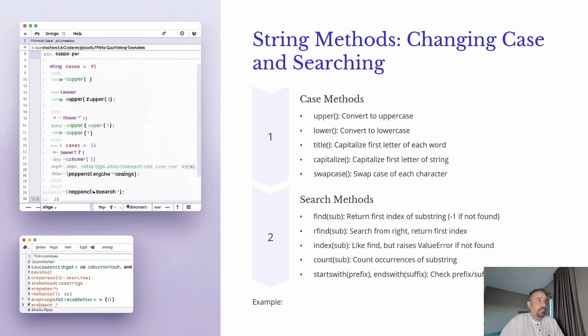And if we move forward to the search methods, when we say find, it returns the starting index of a substring, or -1 if not found. When you use rfind, it searches from right to left. By default it is left to right, but with rfind it is right to left. When you use index, it works like find, but it raises an error if the substring is not found.